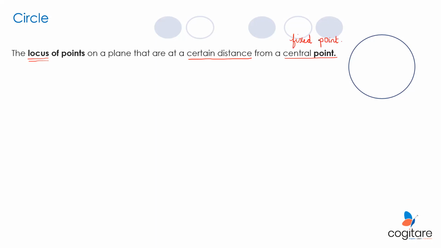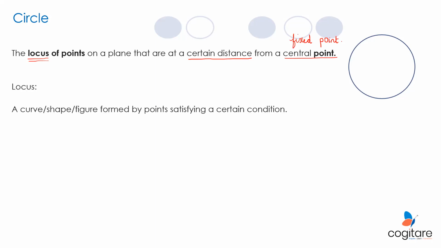But what does this mean? When we talk about locus, a locus is just a shape or a figure that is formed by points satisfying a certain condition or a rule, okay? In this case, what is that rule? The rule says that if I fix a point, okay, and from this fixed point, I cover equal distances at a fixed distance, I keep traversing this path, then I end up with a circle, okay?